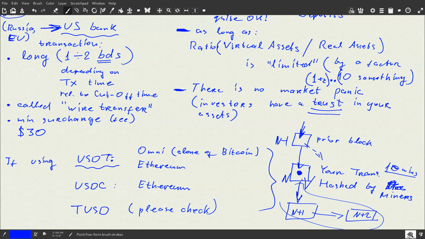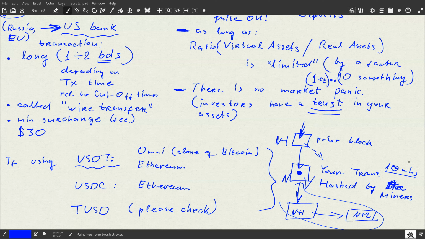And if your transaction was in a block N, and then this block N was generally accepted by the blockchain and then used as a source for n plus 1 and for n plus 2, then it is extremely improbable that there is an alternative fork somewhere, and that it could, for whatever reason, be reversed. Absolutely, absolutely improbable. Therefore, 3 times hashing time is considered to be a confirmation time.